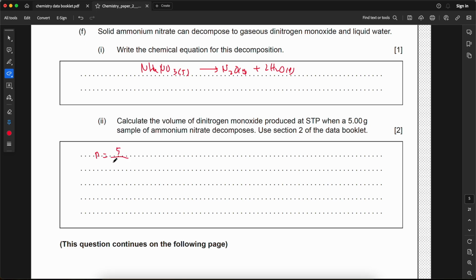To find the mole, we divide by its molecular mass, which is 80.06, and you get 0.0625 mole of ammonium nitrate. To calculate the volume of dinitrogen monoxide gas, you will calculate n times Vm. So the mole will be the same because the coefficients are the same, times 22.7, so that would be 1.42.